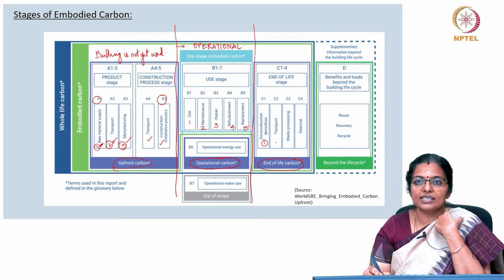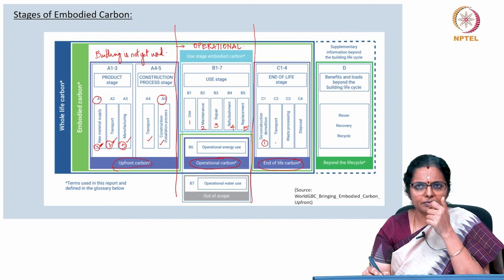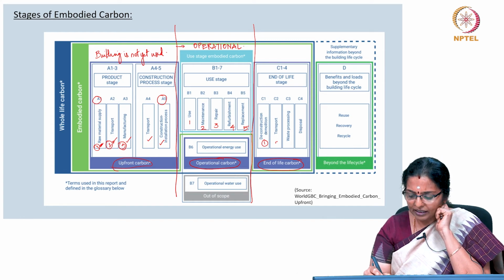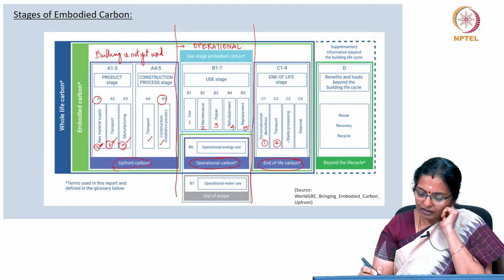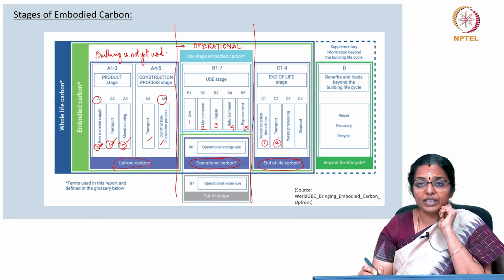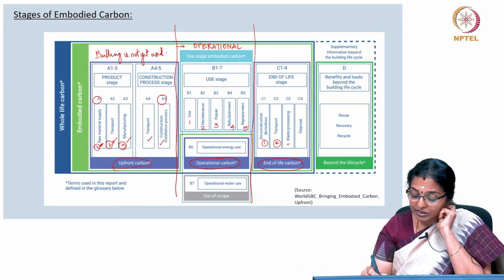Okay, then next is transport from the site. So, how do I deconstruct or demolish the brick or the aluminum? How do I transport the demolished waste? Then how do I process this waste? What do I do with it?